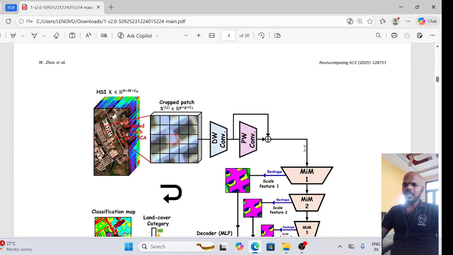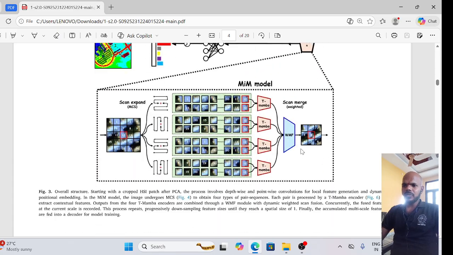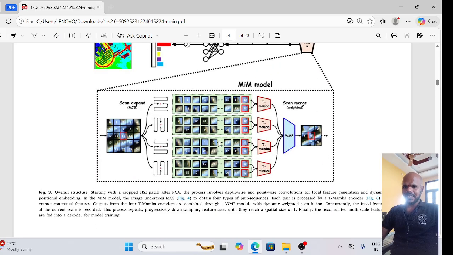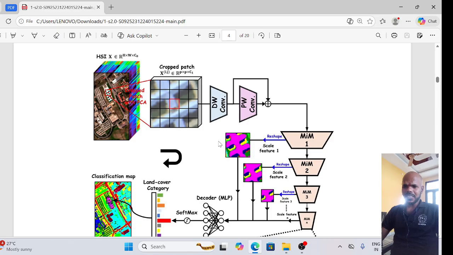Now there are different sections. You can see here the overall structure of the model. That means they are taking the HSI model, how they perform depth-wise convolution, patch-wise convolution, how the Mamba model gives scaling, featuring, everything they explain in a very clear-cut manner.